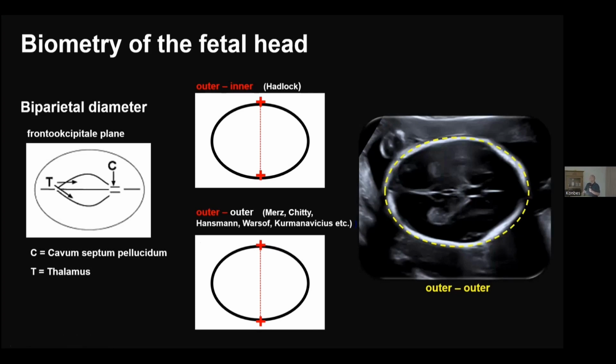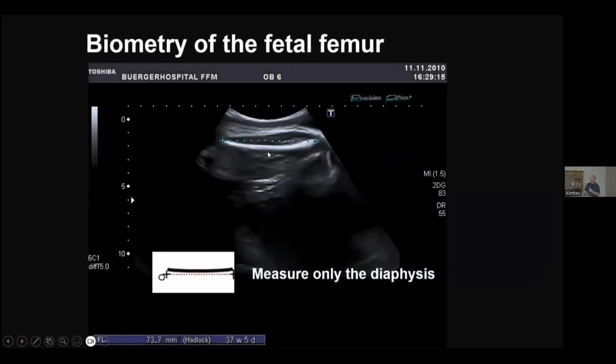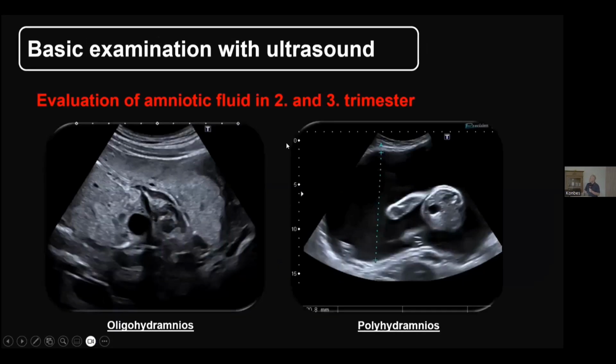So in our country, we do outer measurements with circumference or by biparietal or fronto-occipital measurement. The same is done with the abdominal measurement. We measure outer and try to make a very clear symmetrical plane in the abdomen. And for the femur, it's also important to measure only the diaphysis from the ends of this bone.